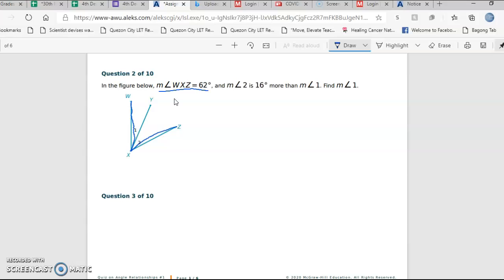So we can say, class, that, okay, let me just put the solution. Let x be the measurement of angle 1, and then what will be the angle number 2?